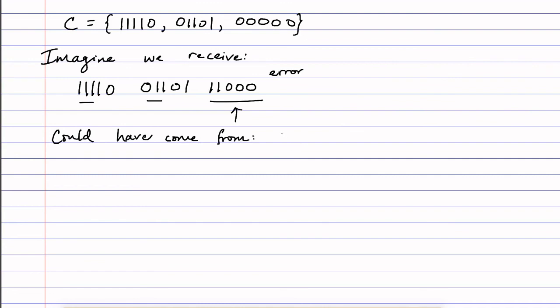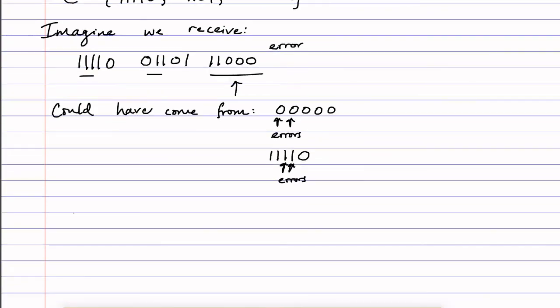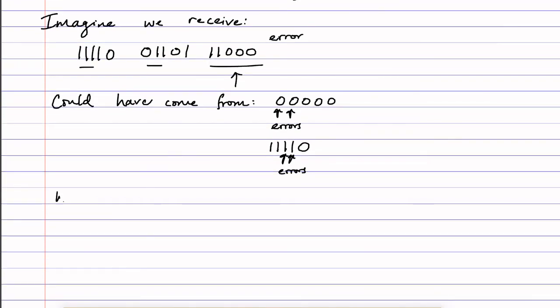It could be that the sender intended this code word in that position, and then the errors were here and here. Or it could have come from this code word, and then the errors were here and here. So we do know that there's been a mistake, but we don't know what the mistake was. So we cannot correct for this mistake because there's ambiguity.